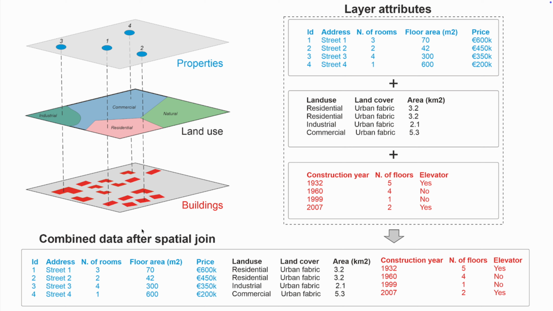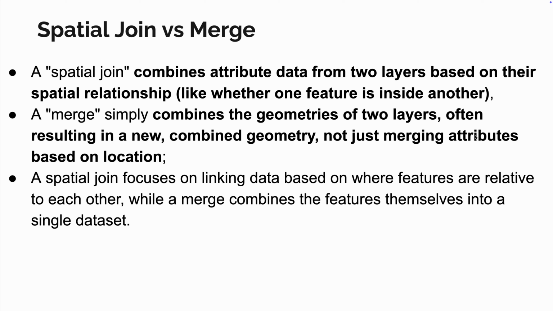So our penultimate table, which is fully based on where in space these 3 layers overlap, looks like this. For each of these 4 points, we can join spatially the land use and the building to the original layer.